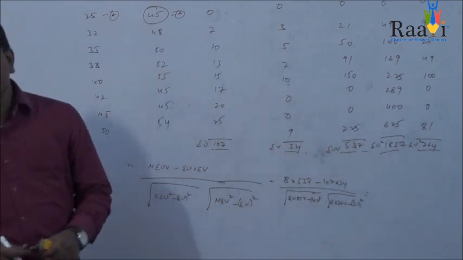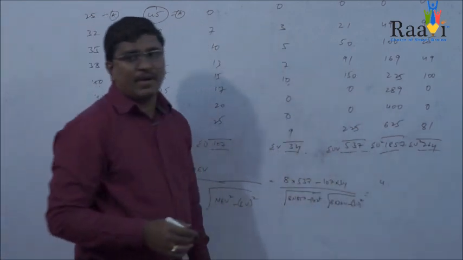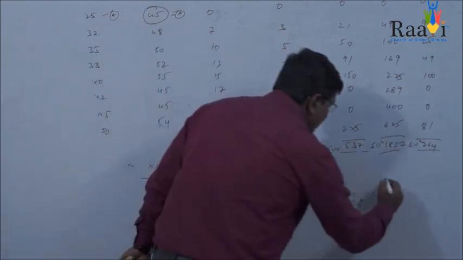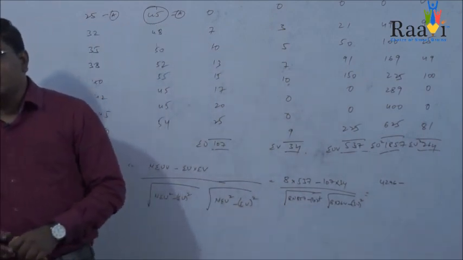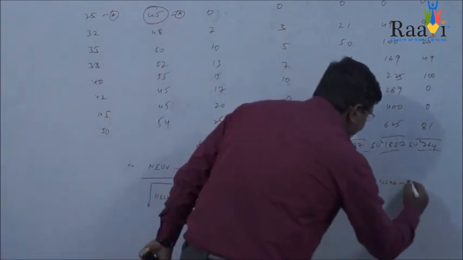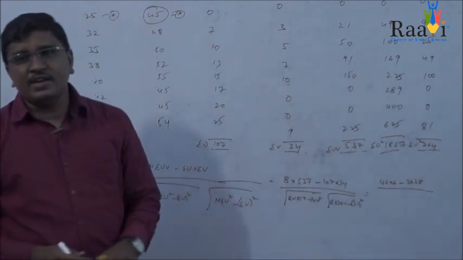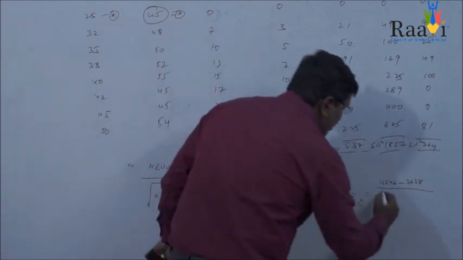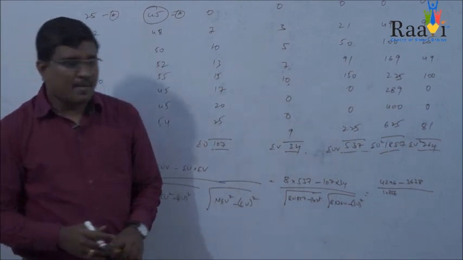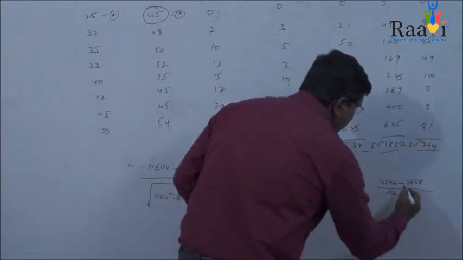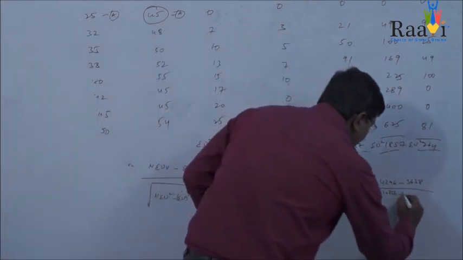Now 8 into 537, you will be getting a value of 4296. 4296 minus 107 into 34, you will be getting a value of 3638. Divided by 8 into 1857, you will be getting 14,856, minus 107 whole square, which is 11449.